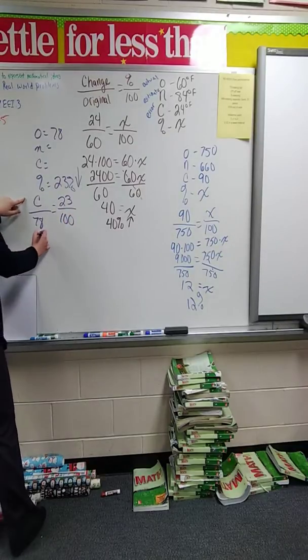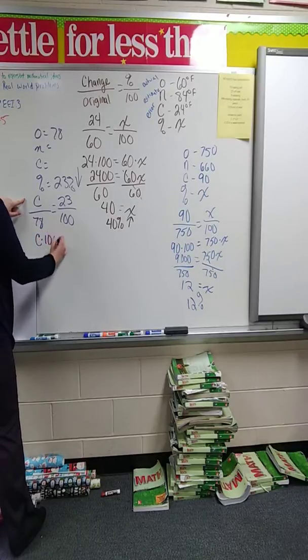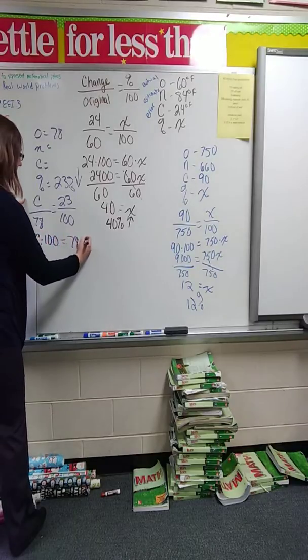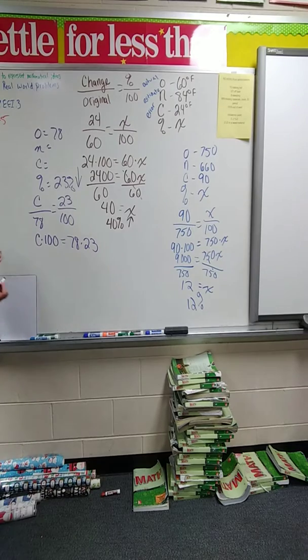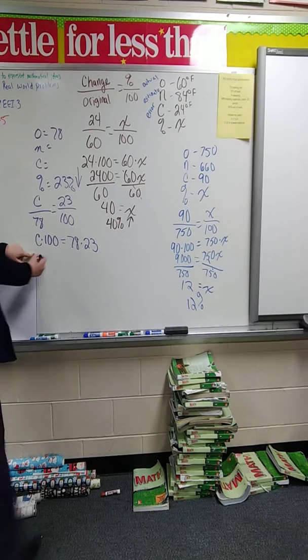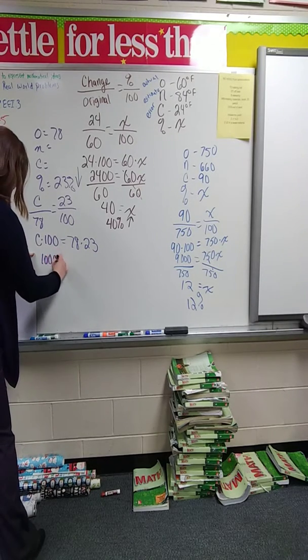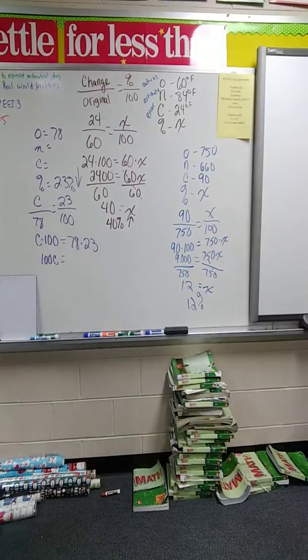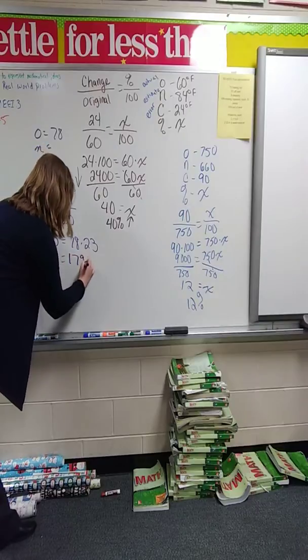That gives me C times 100 equals 78 times 23. 100C. 78 times 23. Help me out, guys. 1,794.